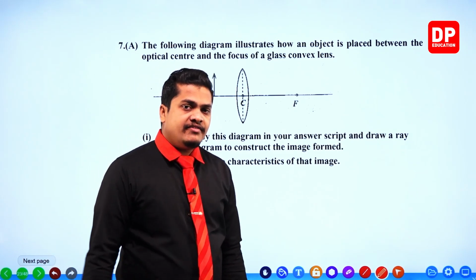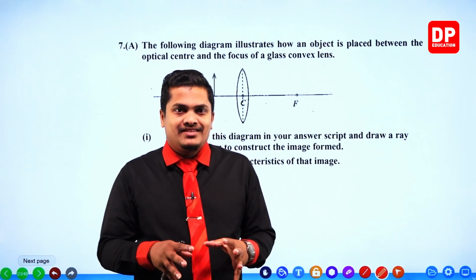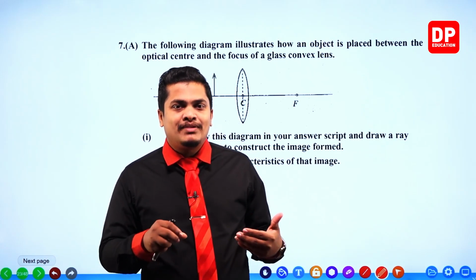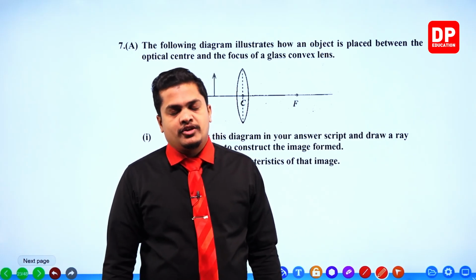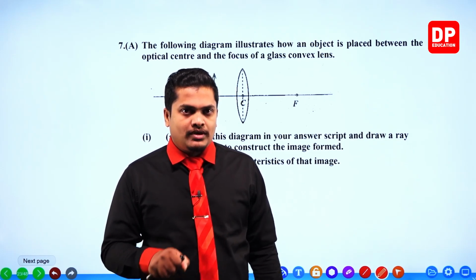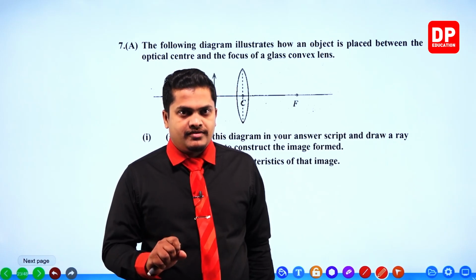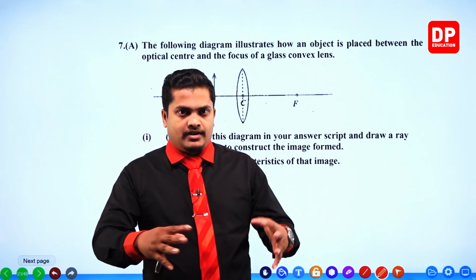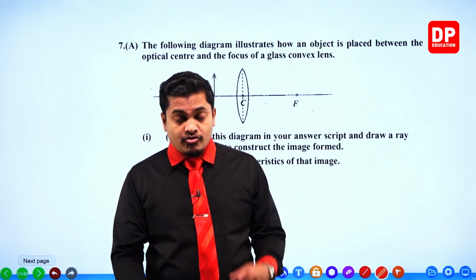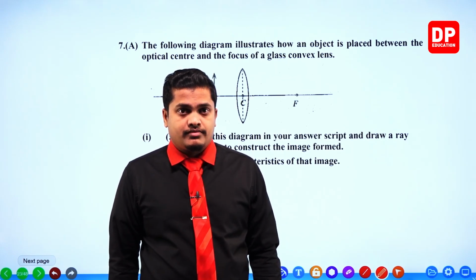You know that the convex lens is the lens that we use as the simple microscope, which means, my dear children, when you look through a convex lens, we can obtain somewhat larger images.